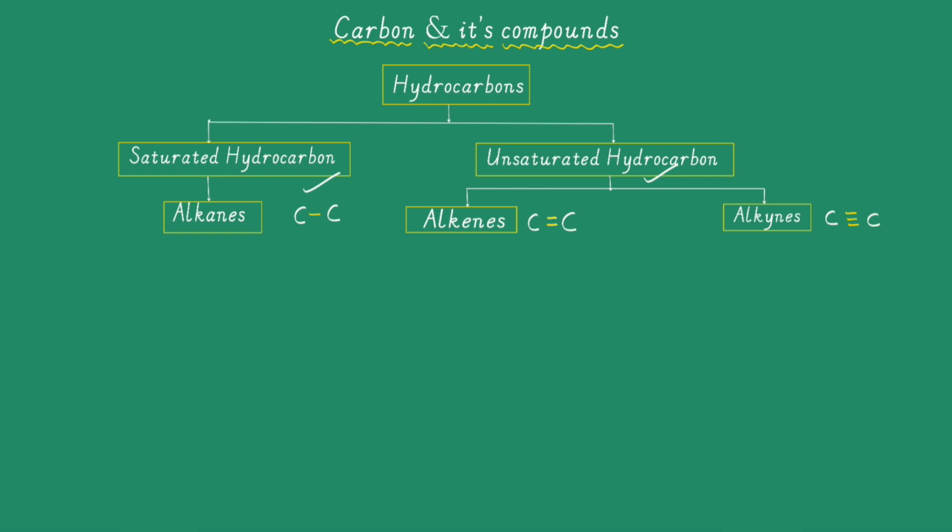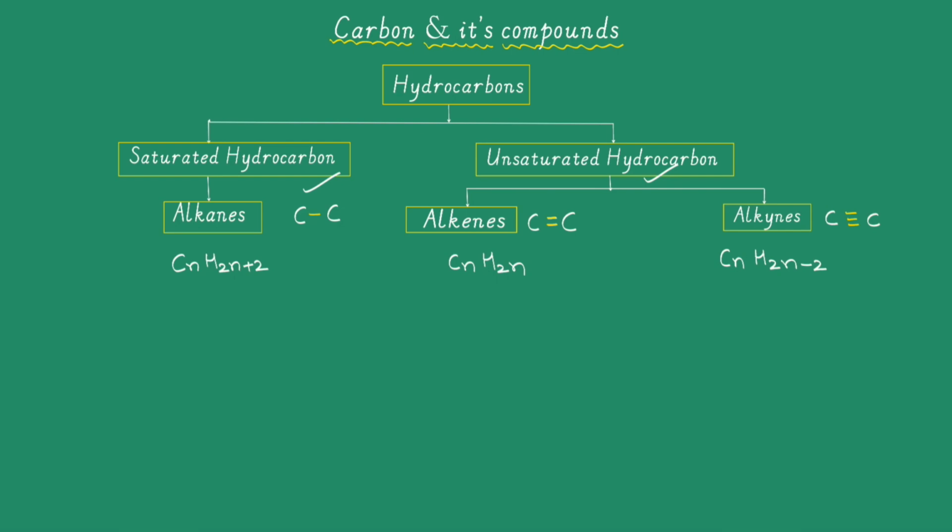Here the general formula is what? For alkanes, the general formula is CnH2n+2. For alkenes, the general formula is CnH2n. For alkynes, the general formula is CnH2n-2.